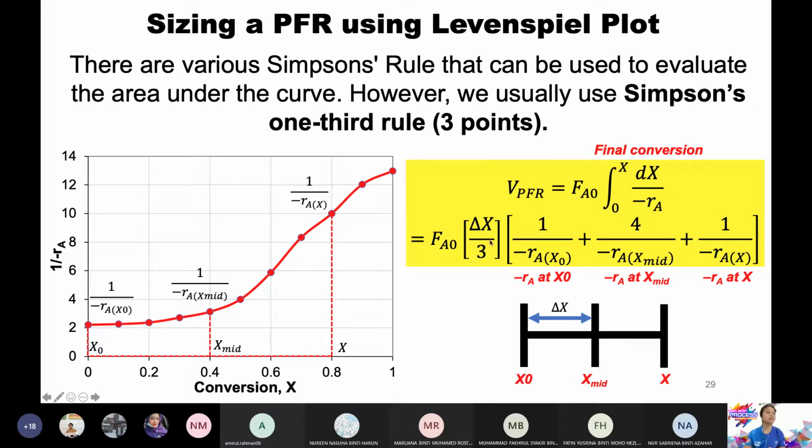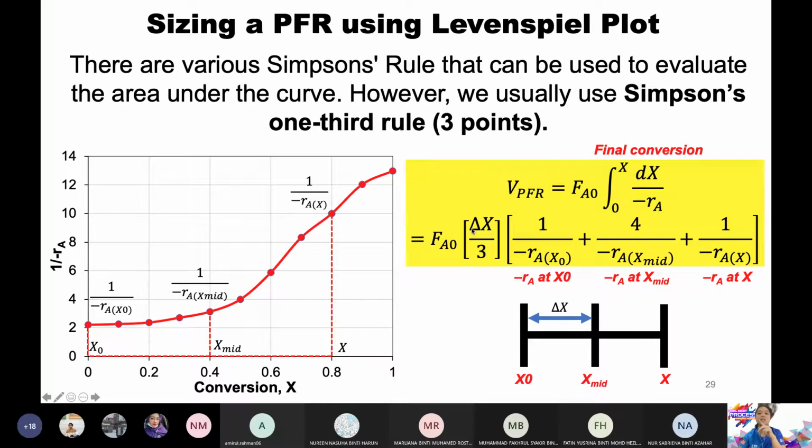Okay. Now let me teach you the back part, how we get the Simpson one-third rule formula. So you must understand the design formula: the volume of the PFR becomes the Simpson one-third rule multiplied with FA0, in bracket delta X per 3. I will teach you later what delta X per 3 means.